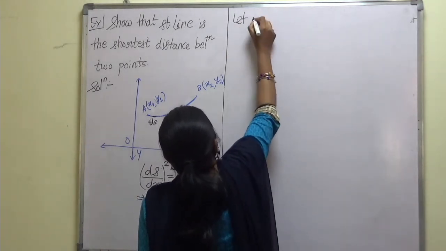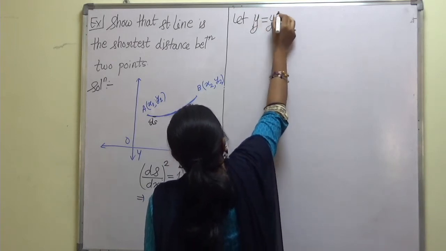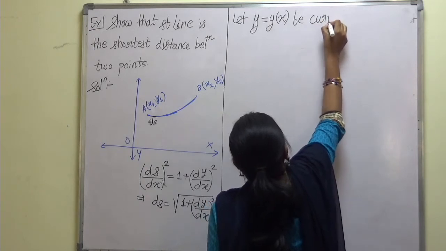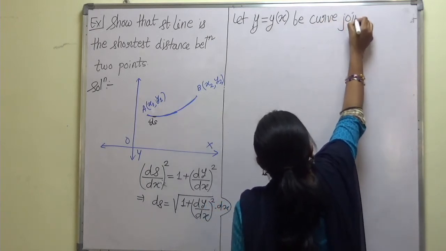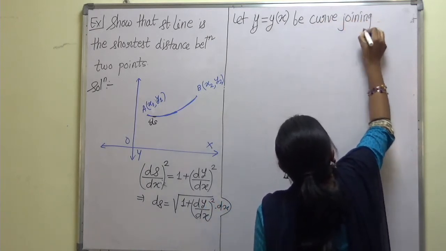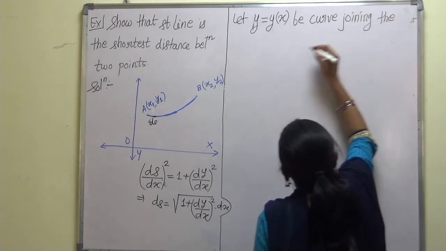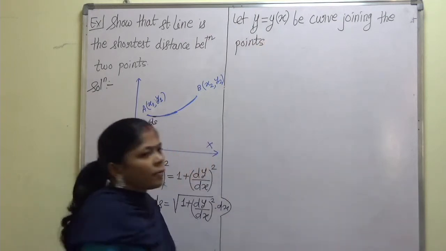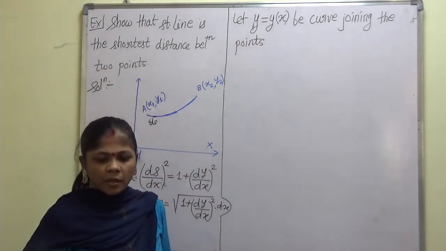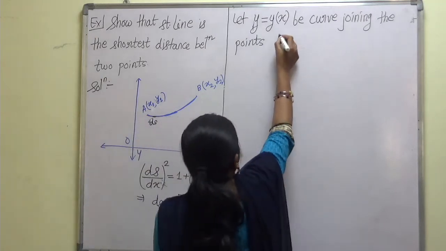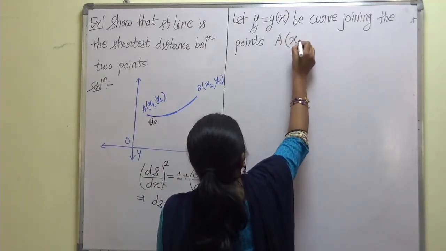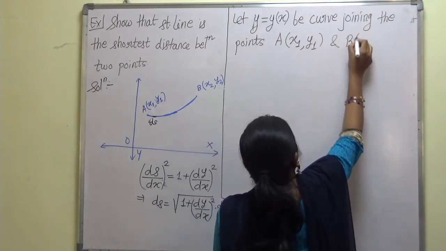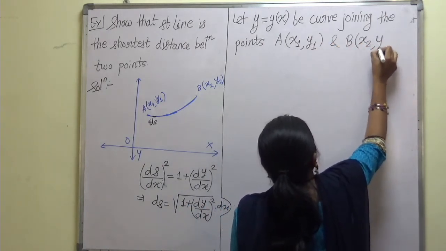Let y is equal to y of x be the curve joining the points A x1 y1 and B x2 y2.